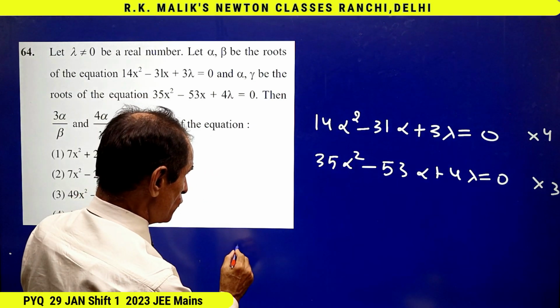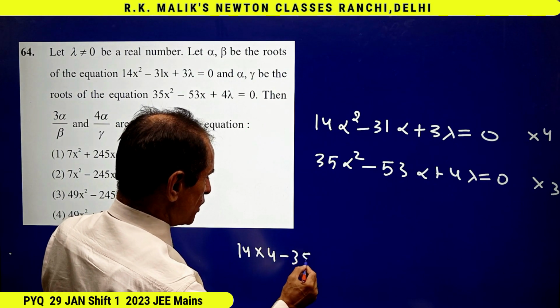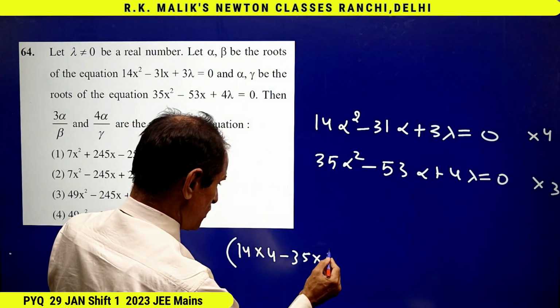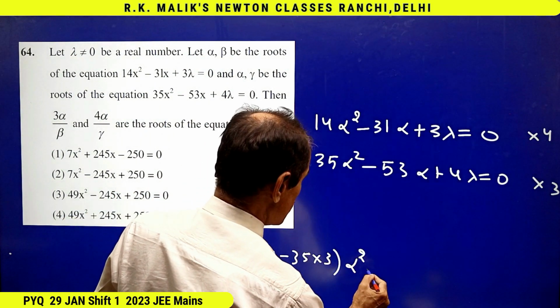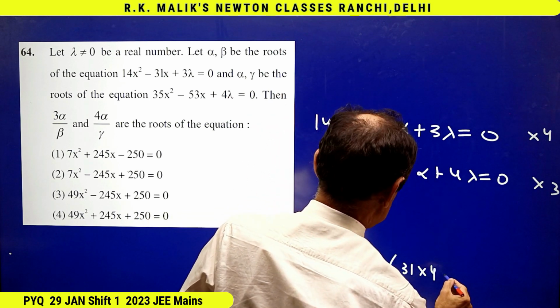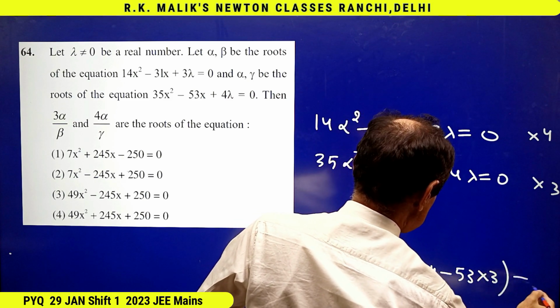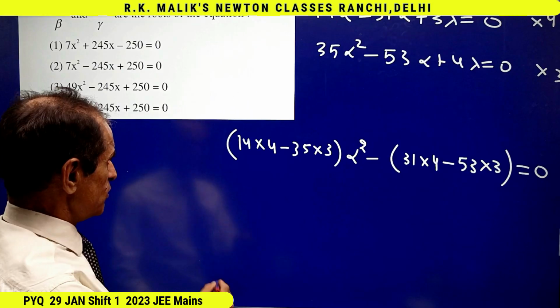You will be getting 14 into 4 minus 35 into 3 into alpha square minus 31 into 4 minus 53 into 3 into alpha equal to 0.